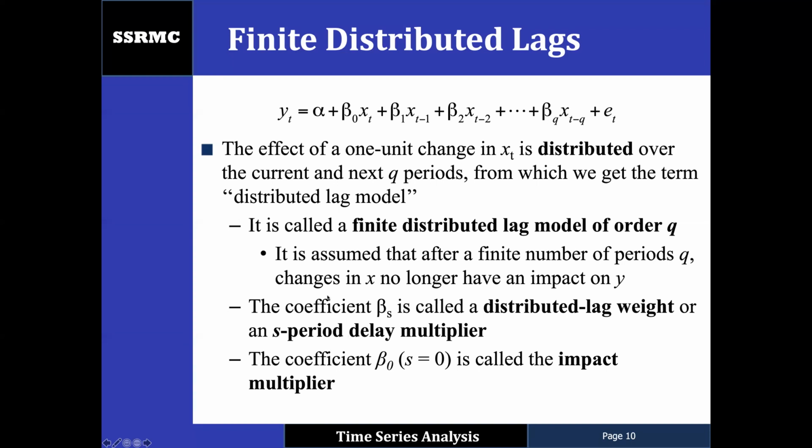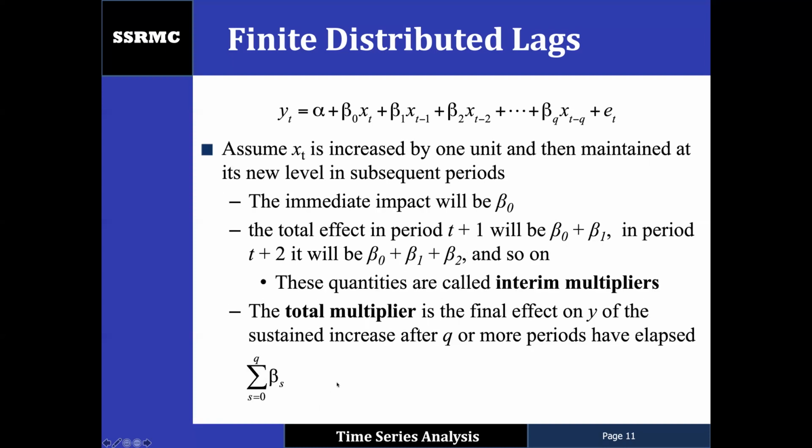It's similar to the way we say coefficient estimate in linear regression analysis. However, because it happens every single period within the q periods, it multiplies on itself. That's why we give it a new name. It's called a multiplier. The coefficient beta naught, when s equals 0, the current period, is called the impact multiplier, capturing the instant impact from x.